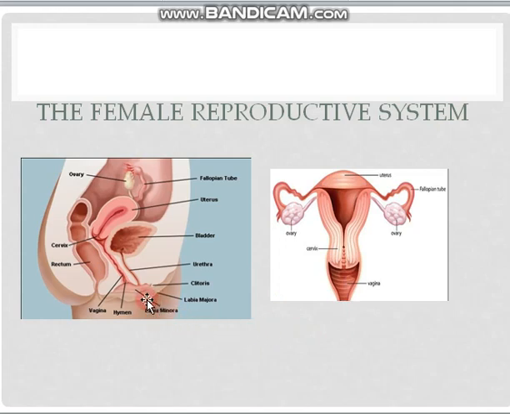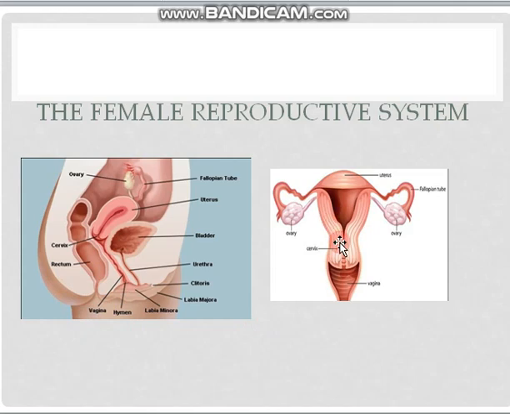We have the labia minora, labia majora, the clitoris, the urethra, the bladder, the uterus, the fallopian tube, the ovary, cervix, and the rectum, not forgetting the vagina.